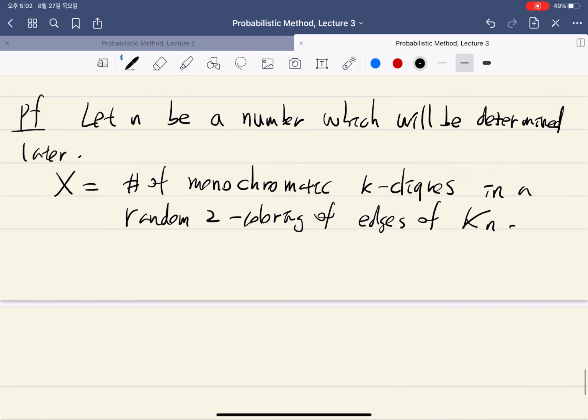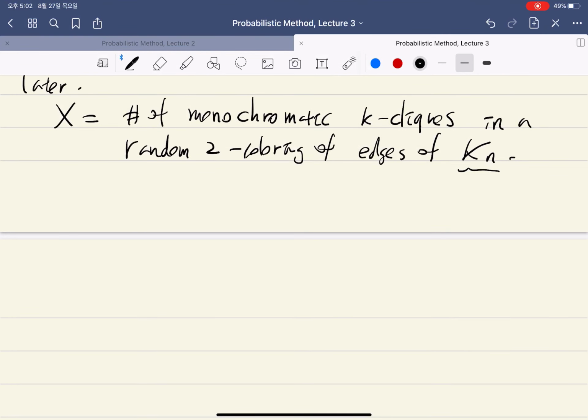So we color the edges of the complete graph on n vertices with 2 colors. Now what we want to do is compute the expectation of X.